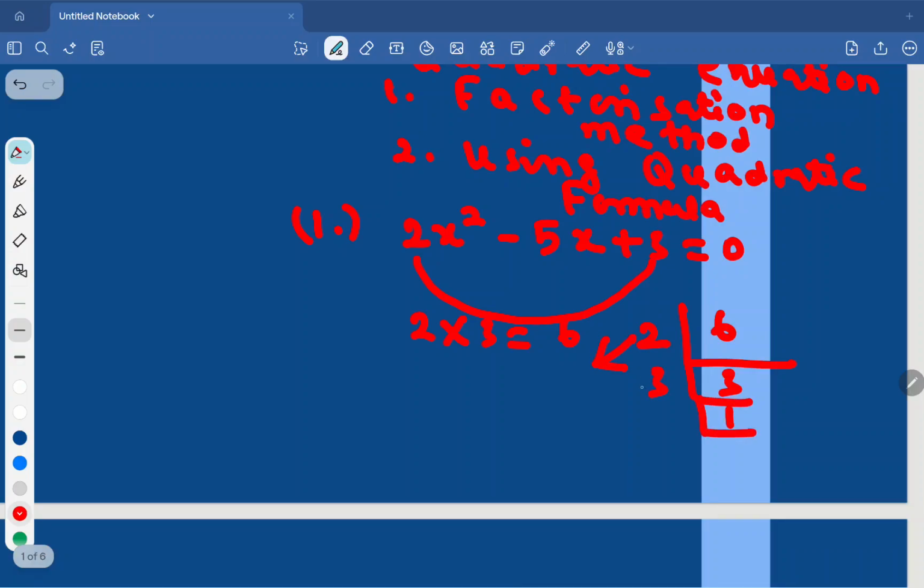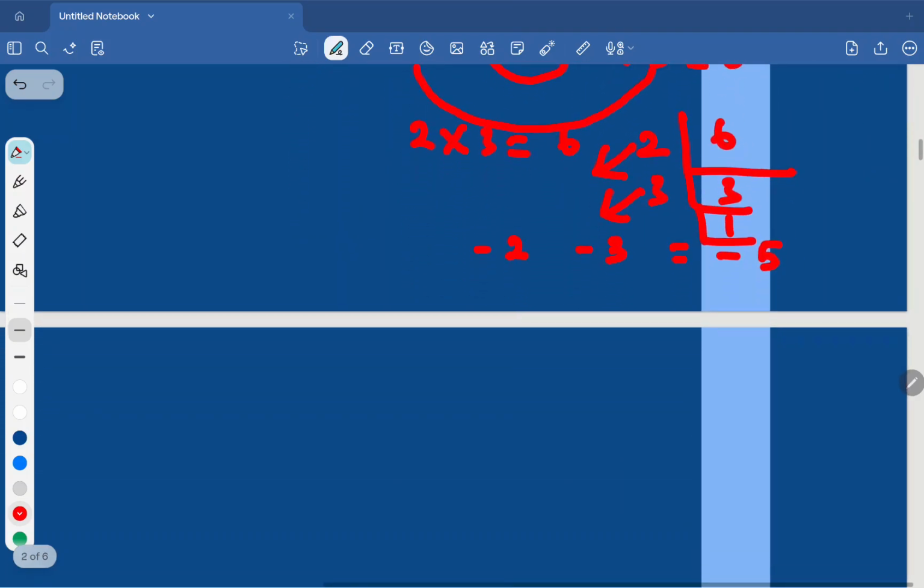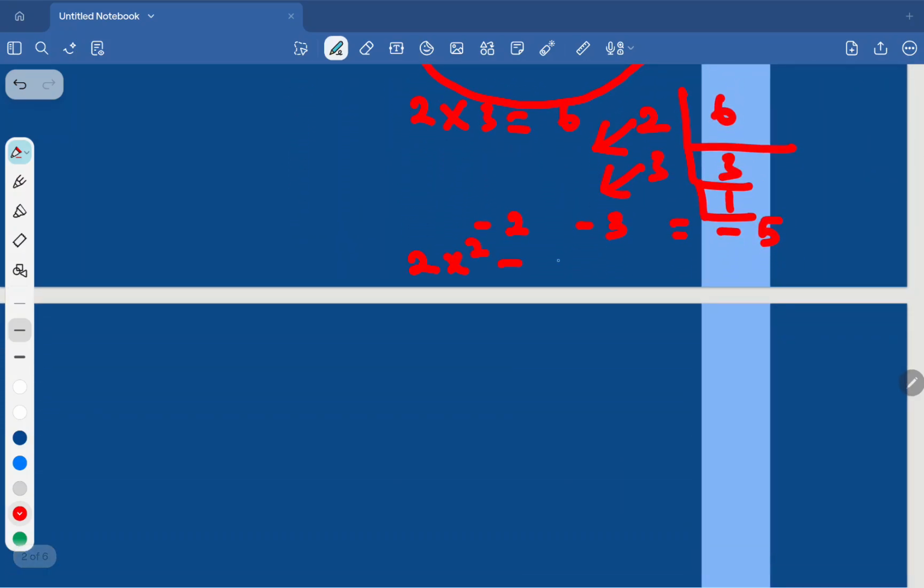Here one factor is 2, another factor is 3. If you add minus 2 minus 3, value is minus 5. Therefore, I am going to write this minus 5x as minus 2x minus 3x. 2x square minus 2x minus 3x plus 3 equal to 0.